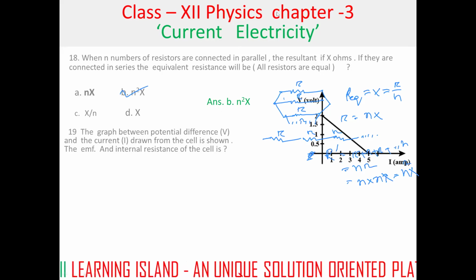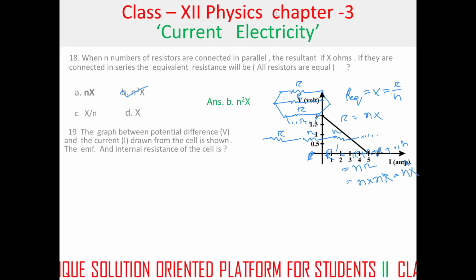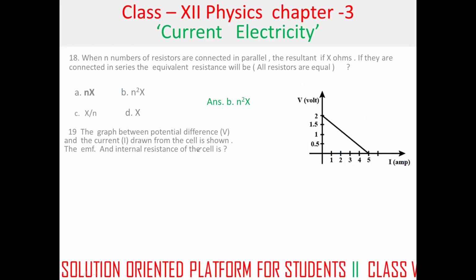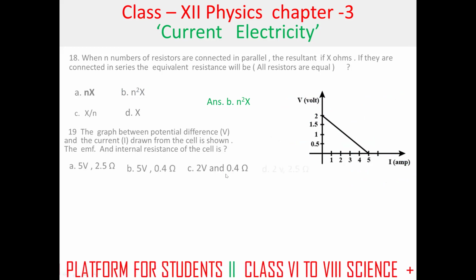So it is looking clumsy. Let us remove this previous drawing. So now you see the question is, the graph between potential difference V and the current I drawn from the cell is shown. The EMF and the internal resistance of the cell is, options are this.